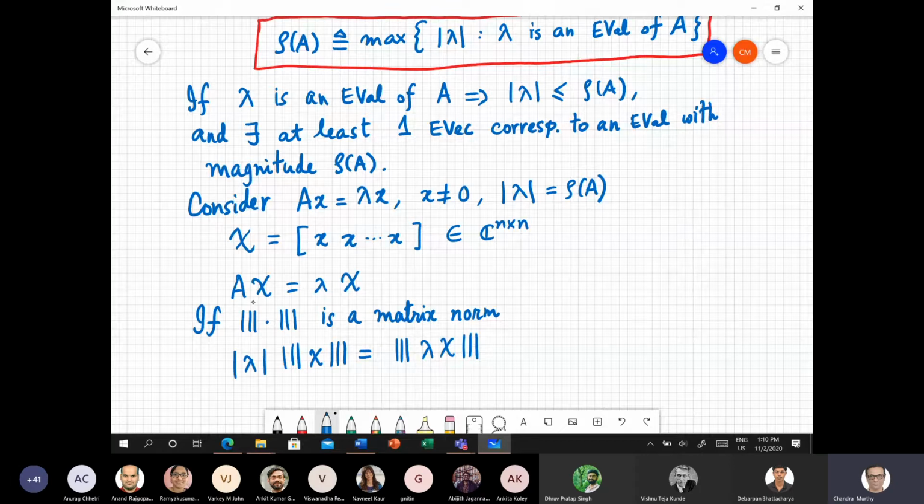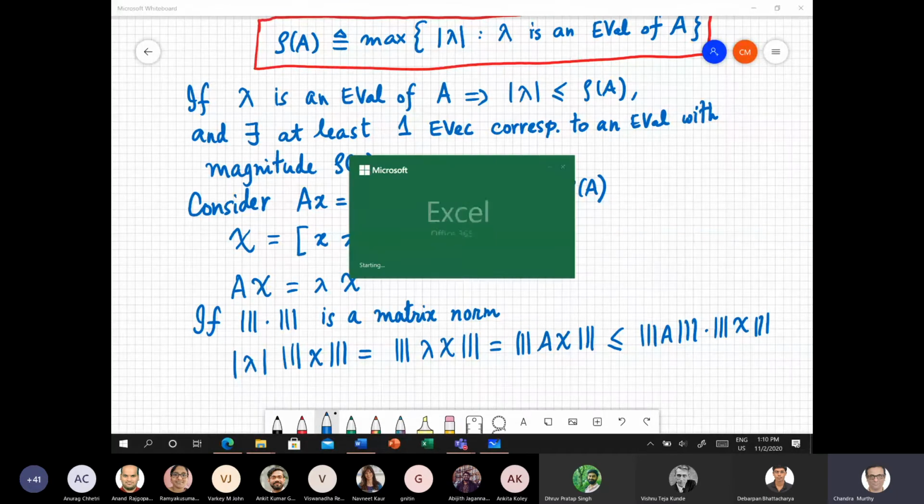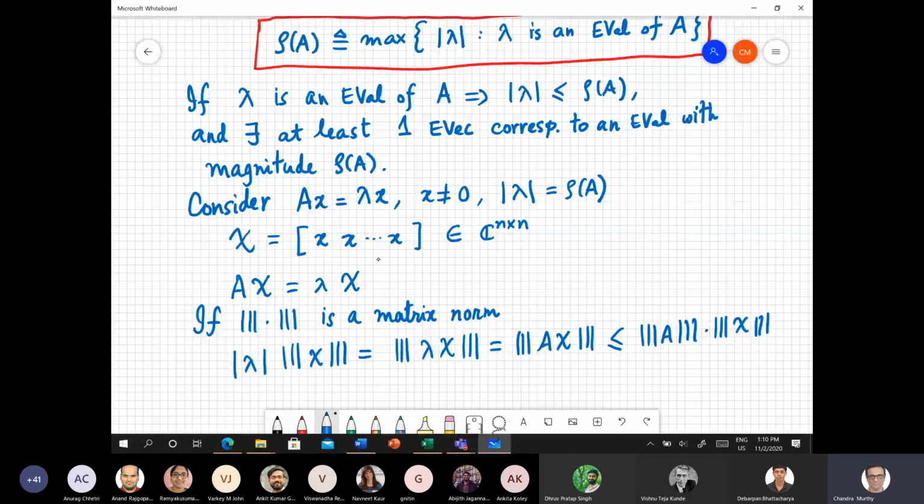But lambda X is equal to AX, and then by submultiplicativity, this is less than or equal to the norm of A times the norm of X. Now x is non-zero, and therefore the matrix norm of this matrix capital X is always going to be non-zero.